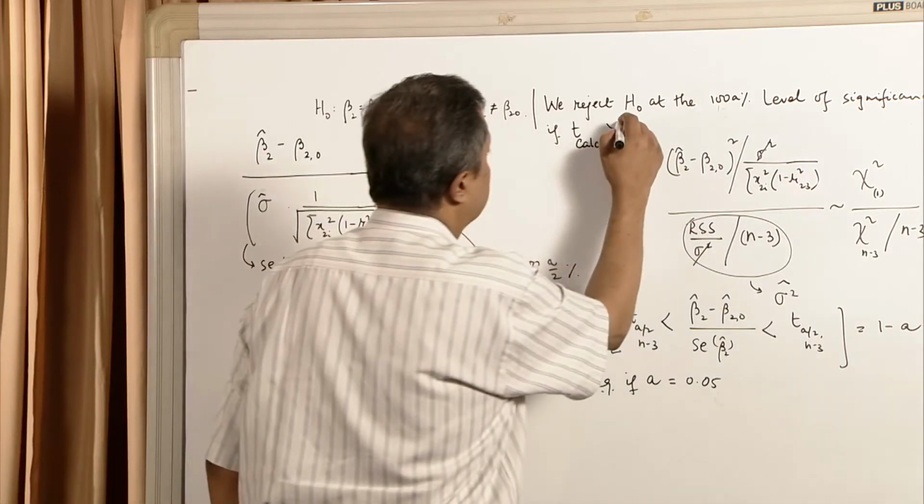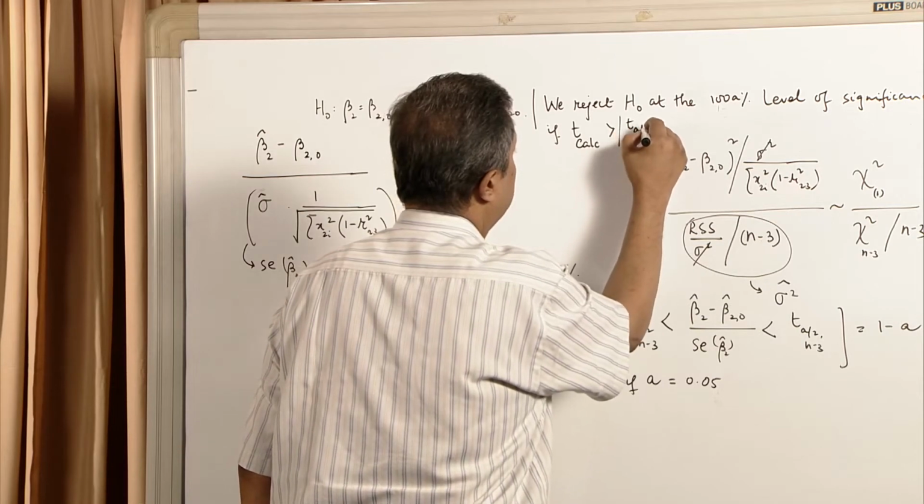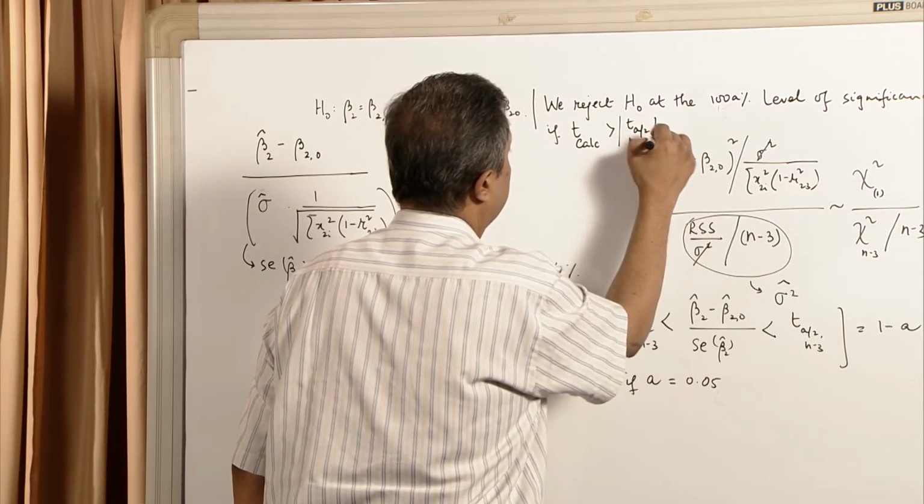So, if it exceeds mod t a by 2 with n minus 3 degrees of freedom.